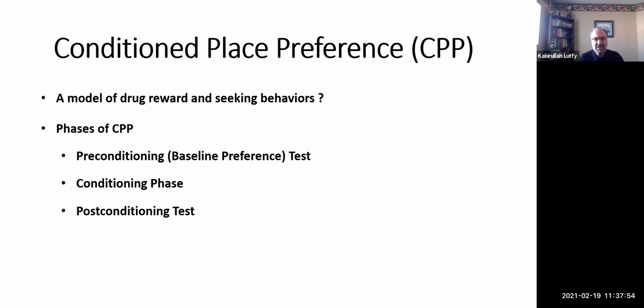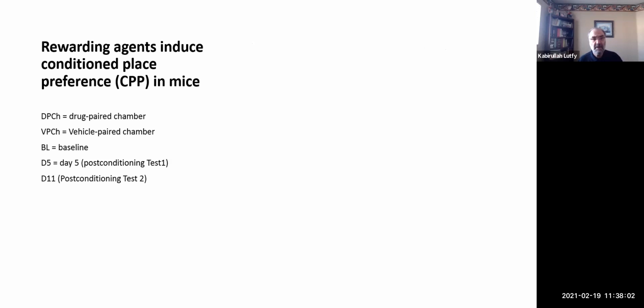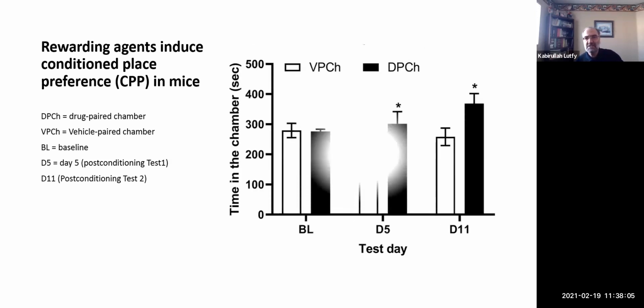Then after the conditioning phase is done, 24 hours later, you test them for post-conditioning place preference. This is actually a study where we did this. As you can see, this is the baseline. BL stands for baseline. When we test them before any conditioning, the animals do not show any preference toward these chambers.